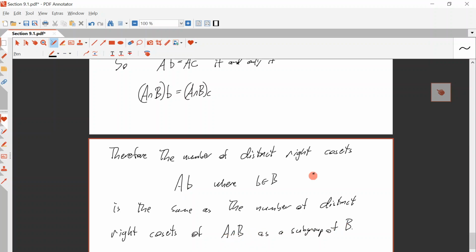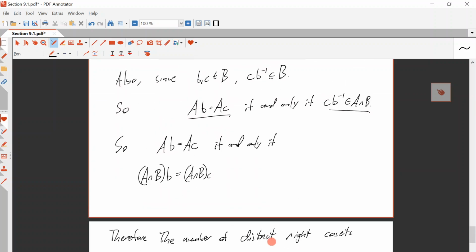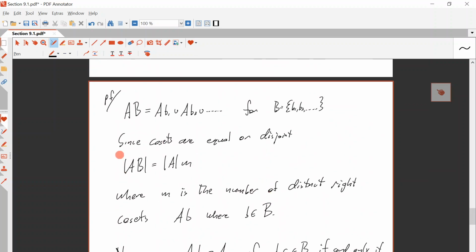Pretty cool. What is this number of cosets? It's just the order of the group over the order of the subgroup, the index of A intersection B in B. So now we know what M is.